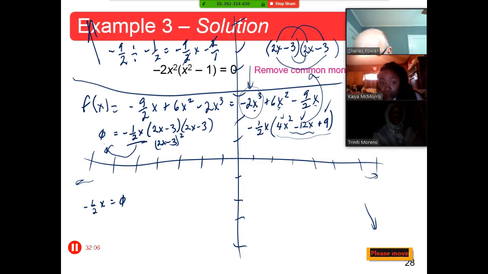What would that give you as a value for x? It's pretty easy. Negative 1/2 x is equal to 0. Solve that for x. Isolate the x. Oh, 1/2. Wait, no. How do you do that? It's pretty easy.